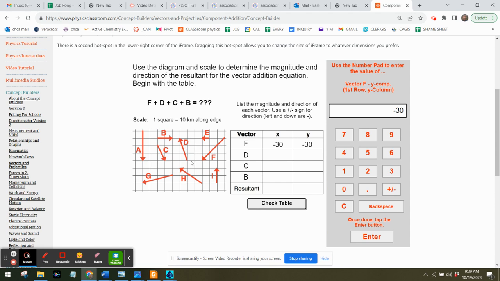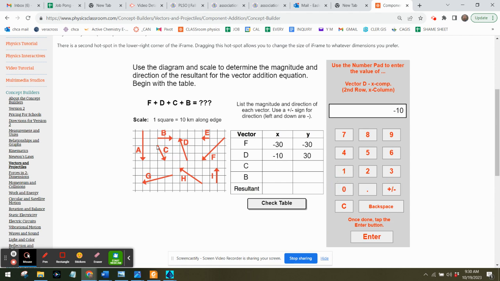If we go over here to D, D is starting here and it's going up 1, 2, 3. This is the y-axis. So on the y, it's going to be positive 30. On the x-axis, it's starting here and it's going in the negative direction 1 square. So that's going to be negative 10.